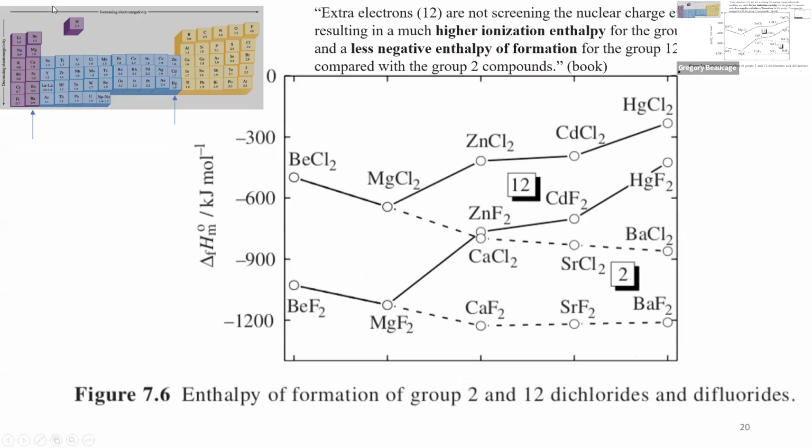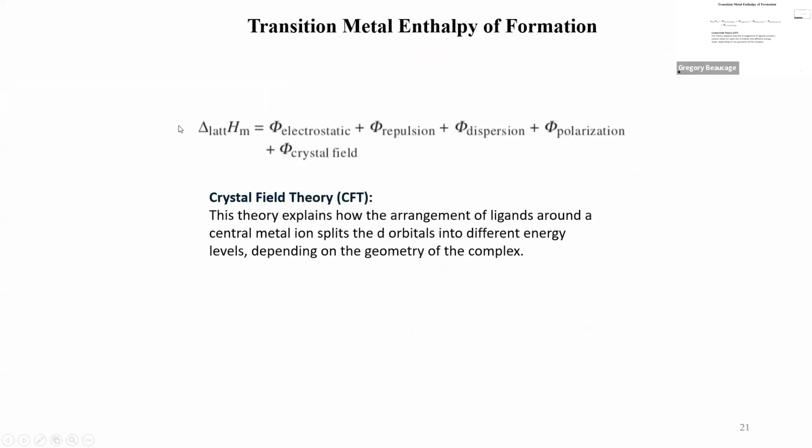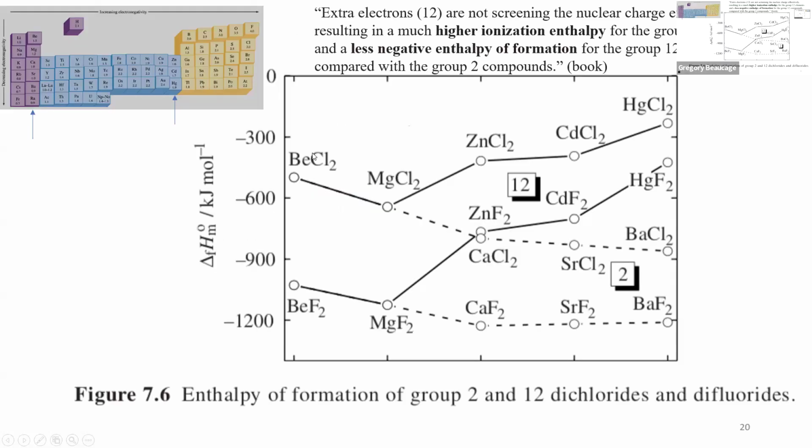So something else happens with transition metals. It doesn't happen with the straight metals that don't have multiple oxidation states, right? So all of a sudden, if you go down the series and then click over to the transition metals, you get a higher energy of formation that's associated with this crystal field term. So basically, the crystal field term has to do with how the chlorine interacts with the electron structure of the transition metals.